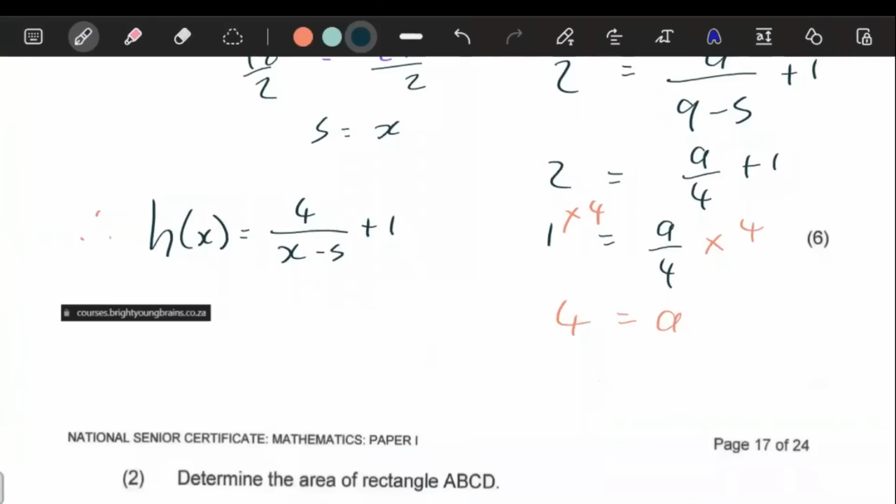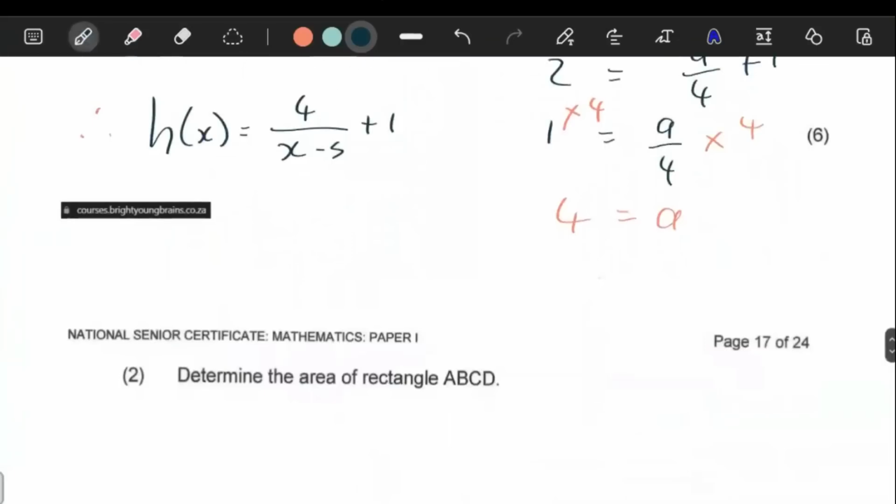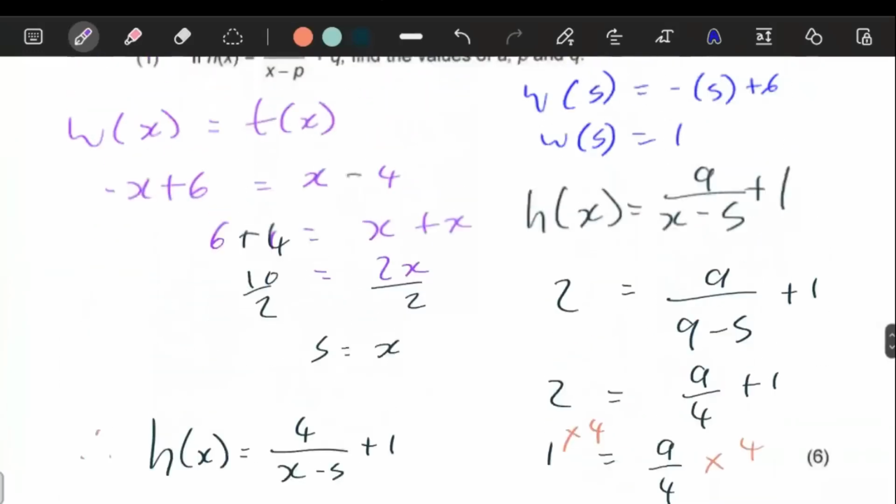So that's okay. Let's move on to question 2. Question 2 says, determine the area of the rectangle. That's interesting.